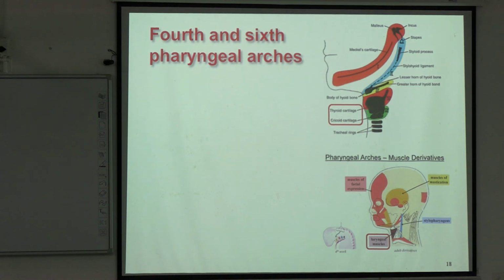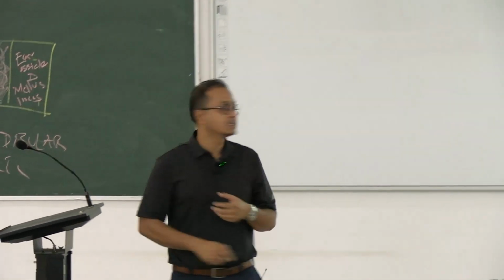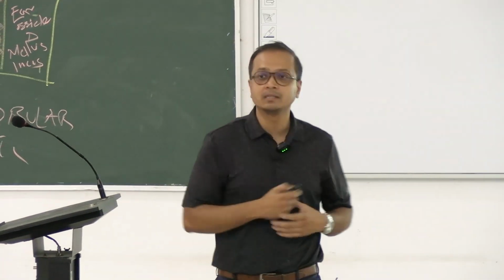The muscles produced from the 4th contribute to the formation of the muscles of the pharynx, and the muscles produced from the 6th pharyngeal arch produce the muscles of the larynx.